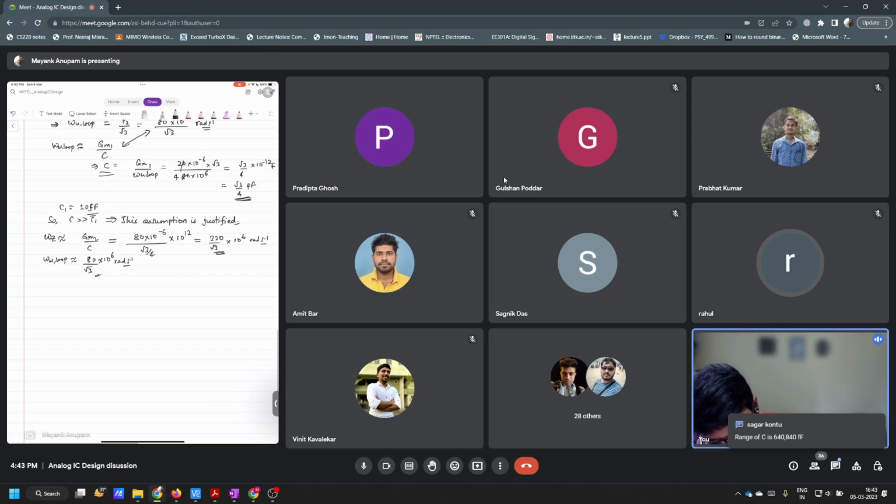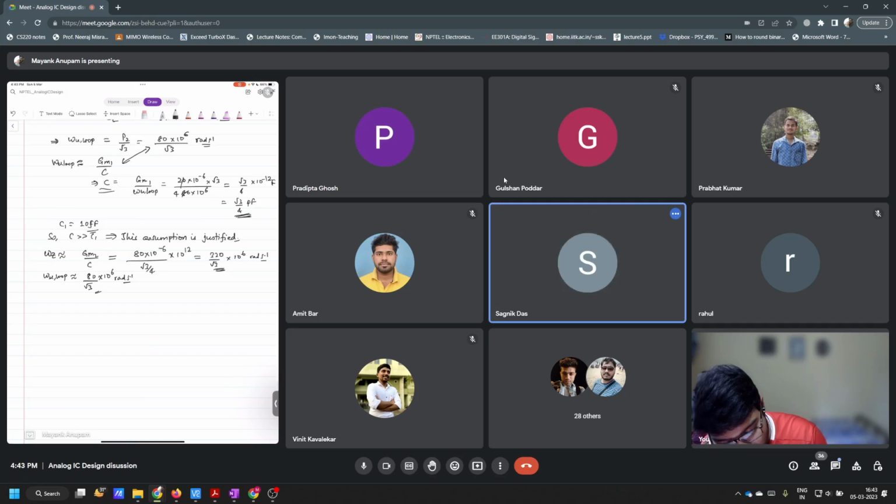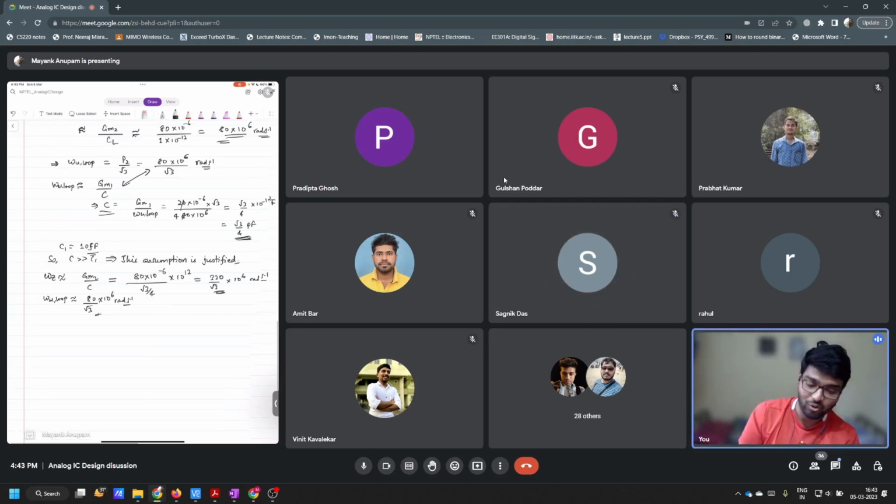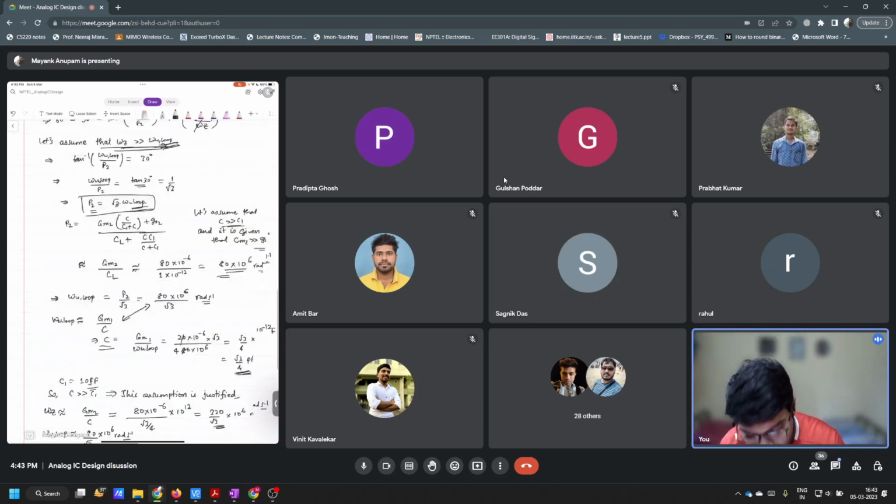And this is omega Z, so it is 4 times greater than omega u loop. So is our assumption really justified? No. So you'll have to calculate again. You have to go back and add that omega Z factor.